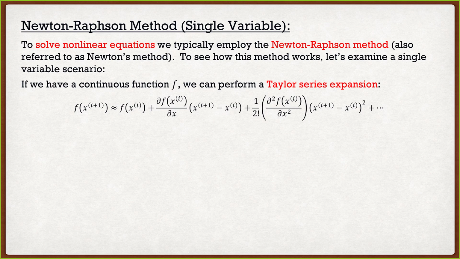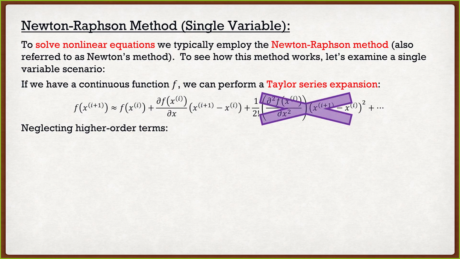Now what we're going to start doing here is we're going to say, you know what, those higher order terms, they look like garbage, I don't want them, get them out of here. So the first thing we're going to do is neglect the higher order terms. So the highest order derivative in our equation is now just one derivative. We have d of f of x with respect to x, and that's it. We don't have any second derivatives. We don't have any third derivatives, just one nice derivative.